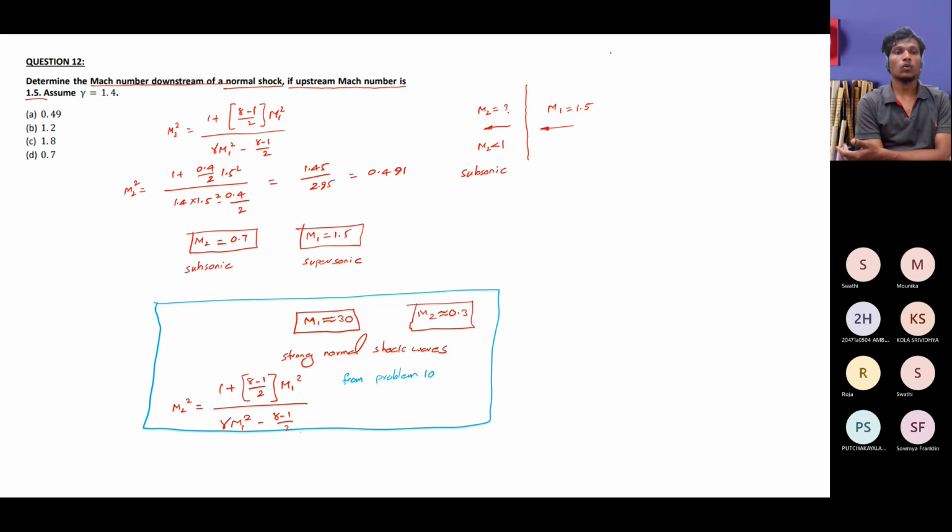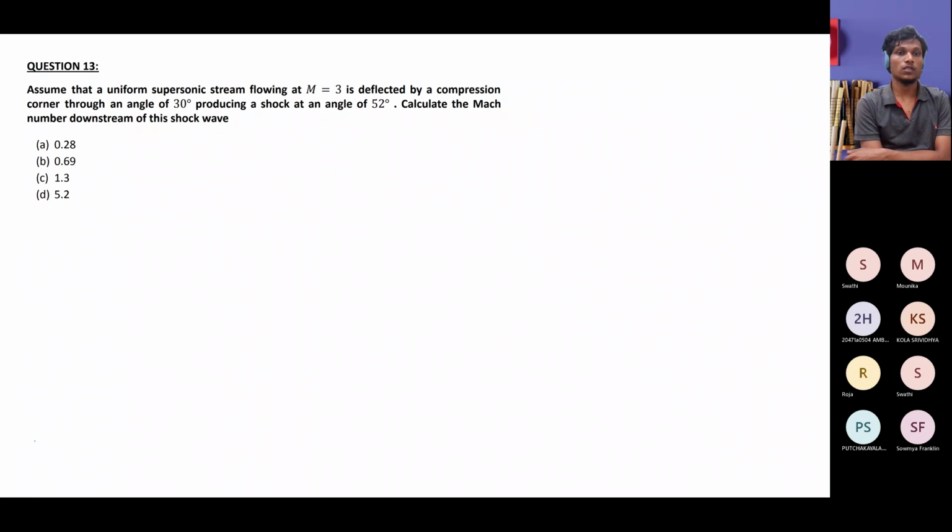So we took this from the problem time. It is not related to this question, but just for your understanding, I framed this. So I hope you are able to understand what this Mach number relation is and how it is handled across the normal shock wave. If that is the case, let's go to the final question of this particular presentation.